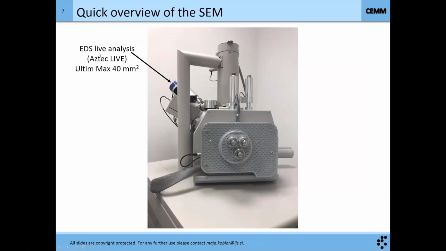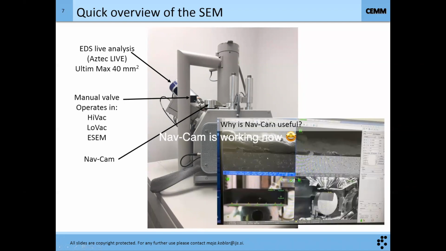A quick overview of the detectors outside. This is the EDS, Aztec Live, Ultim Max detector, SDD. And this is the manual valve, which you will use if you operate in low vac or ESEM mode. This is a nav cam. Unfortunately, we have some problems now with the nav cam, but we'll get it fixed. Why is it really useful?